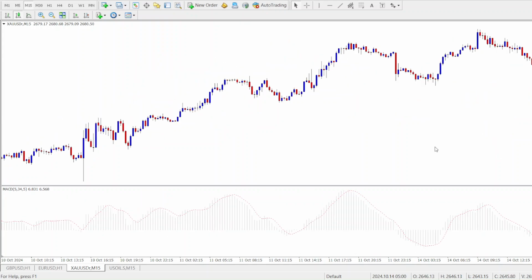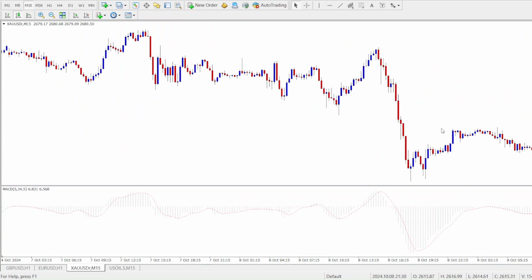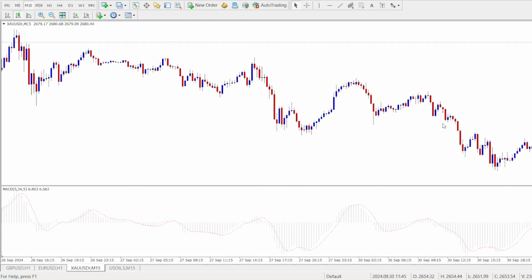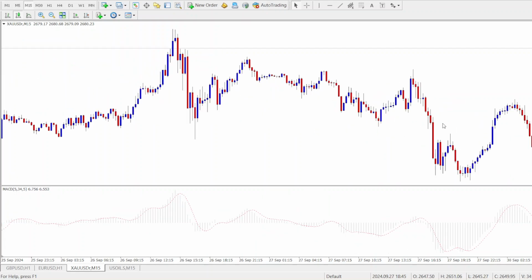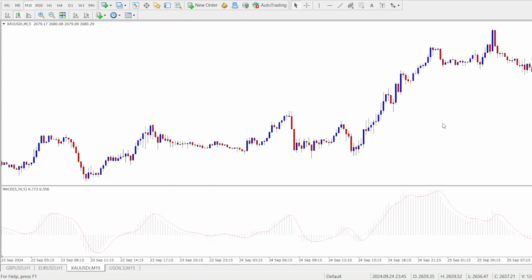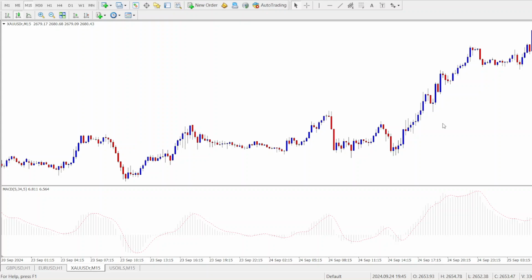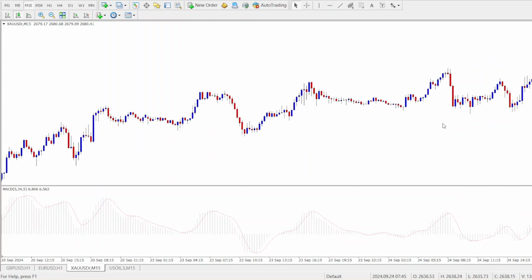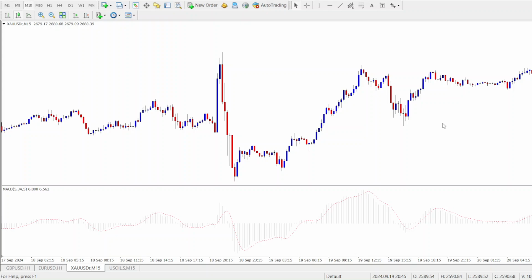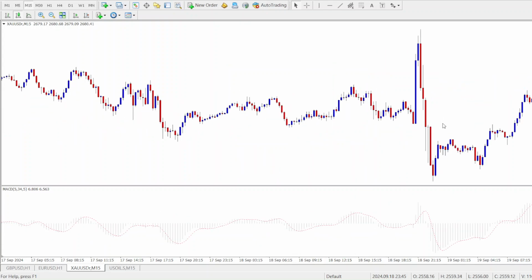So let's check if we're going to find an example for the bearish hidden divergence, because the bearish hidden divergence occurs when price makes a lower high, but the MACD line makes a higher high. Okay, so let us see if we can find an example. Price makes a lower high, but the MACD makes a higher high.